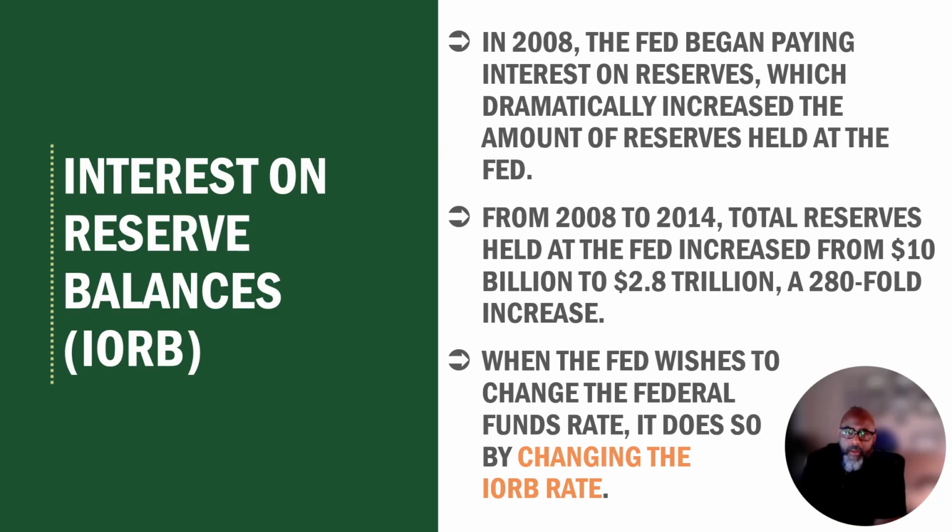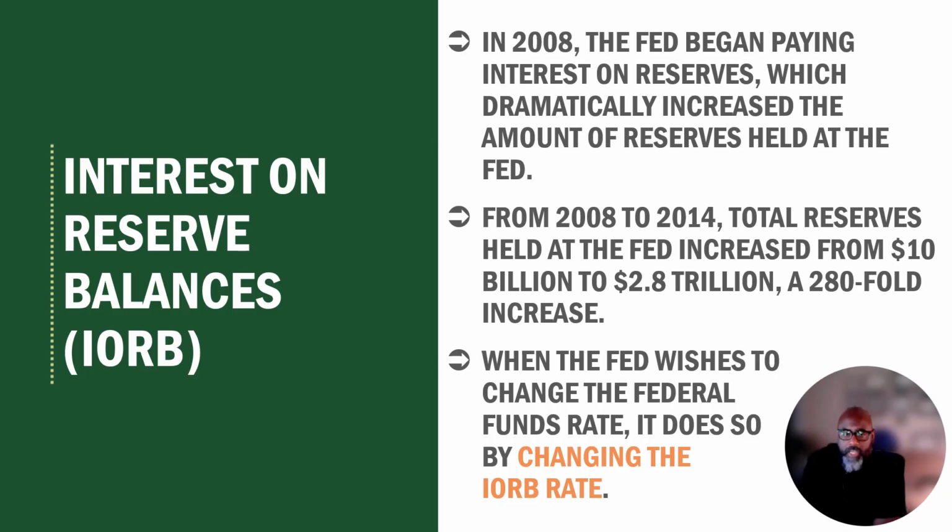At that time, banks held only the minimum required reserves because the Fed did not pay interest on those deposits. Adding reserves lowered the rate, and removing them raised it. Open market operations were the main way that the Federal Reserve influenced interest rates.